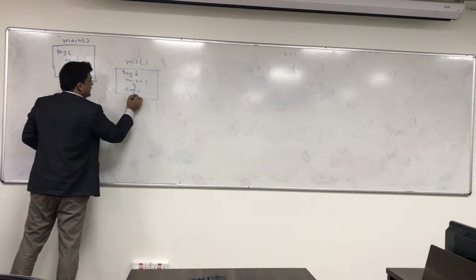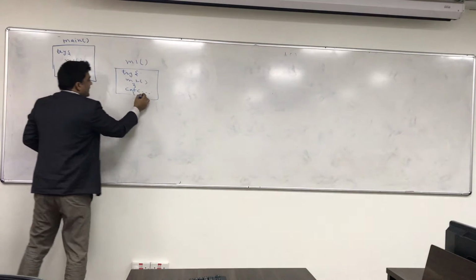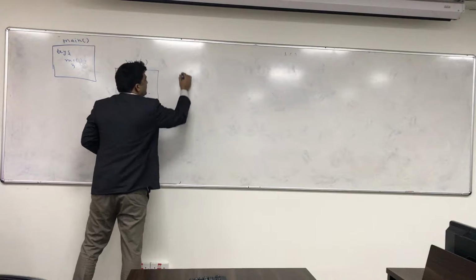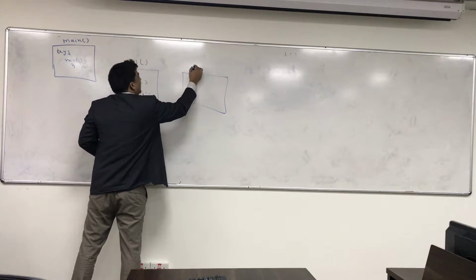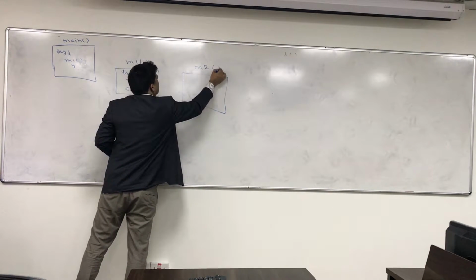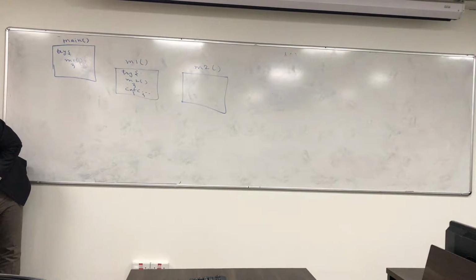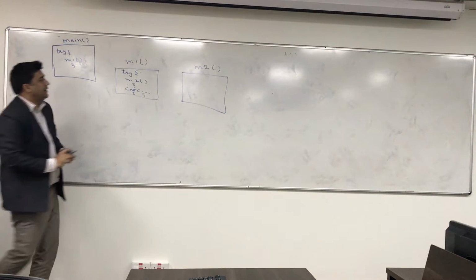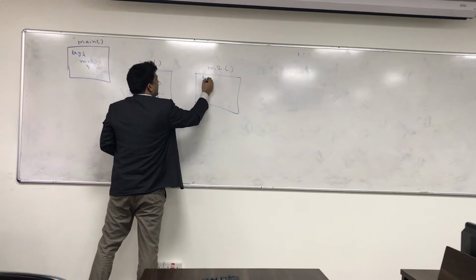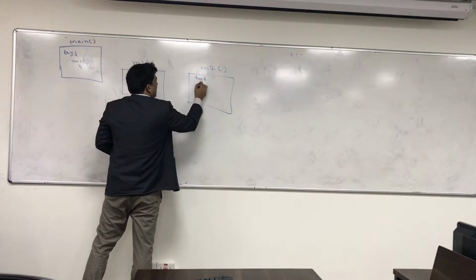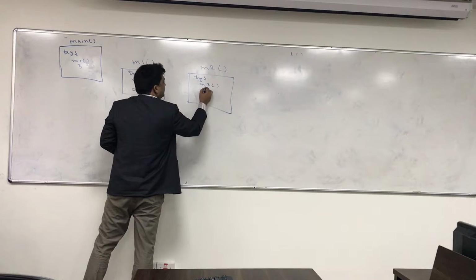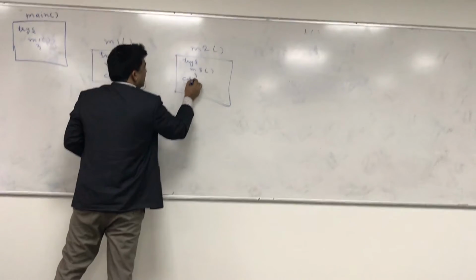Then you have M2, and M2 is calling M3, so inside this you have try M3, and then a catch.